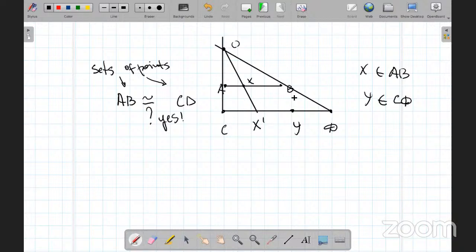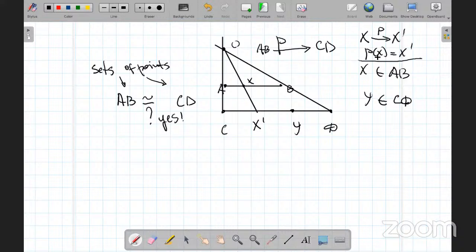I can also describe it: let me call this projection operation by a little p, and p sends every point of my AB to some point of CD. More specifically, it sends X to X prime, as shown in the picture. And I can also write it, as you do in school, p of X, the image of X under p, equals X prime. It's all different notation for the same thing.